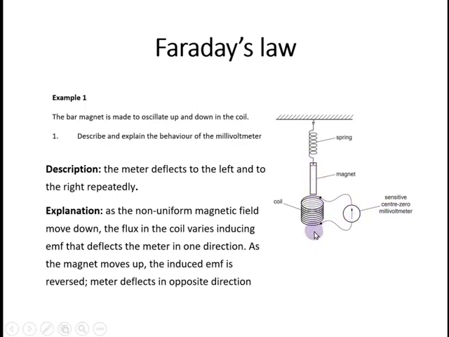As it moves down, the induced EMF will cause this one to deflect in one direction, either this way or the other way. Then as it goes up, it will cause it to deflect in the opposite direction, opposite to the direction of the deflection when it was going down. So that's what is going to happen.